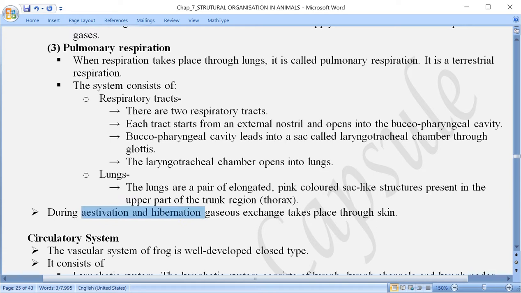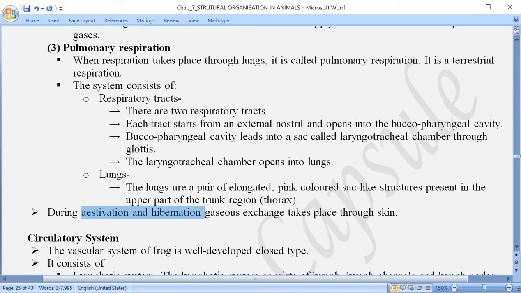At that time all other systems are functioning at a very slow rate, because they have to conserve energy. And if you remember, we discussed in the digestive system that when they are active during the monsoon season, fat and glycogen are stored in the body, which is utilized for respiration, for the release of energy.